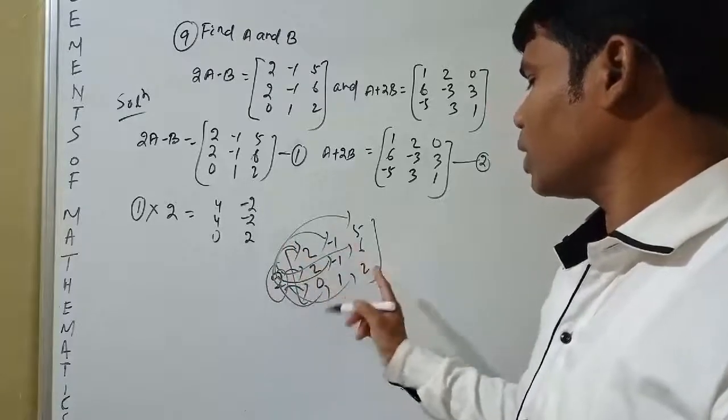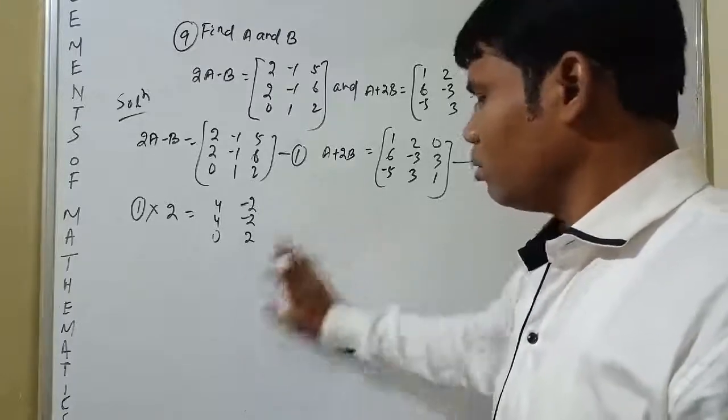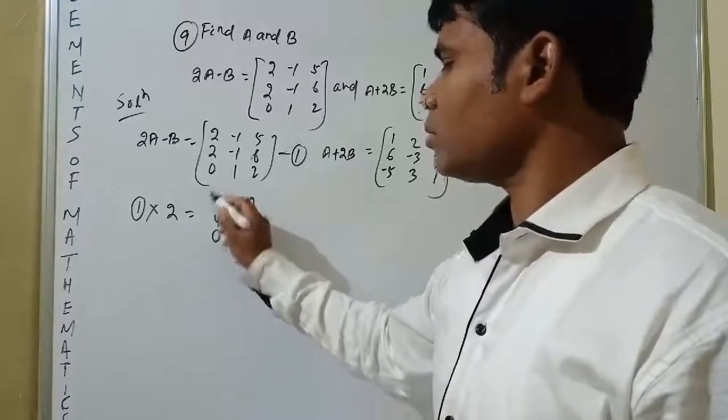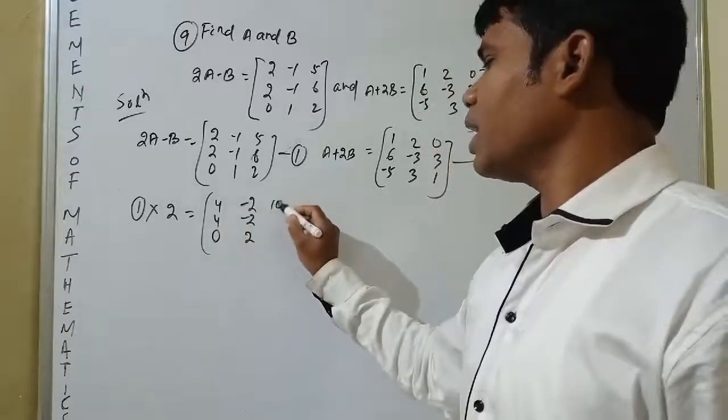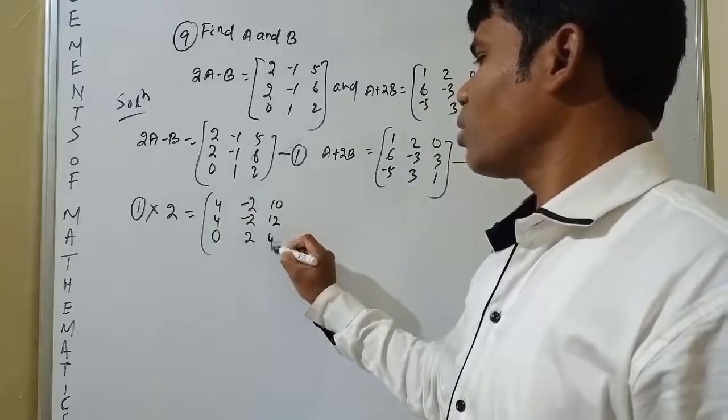Similarly 2 into 5 is 10, 2 into 6 is 12, 2 into 2 is 4.